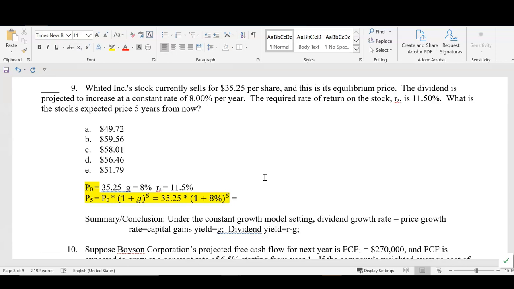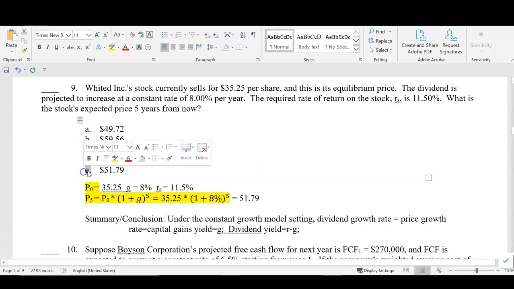And we should get 51.79 and choose option E.